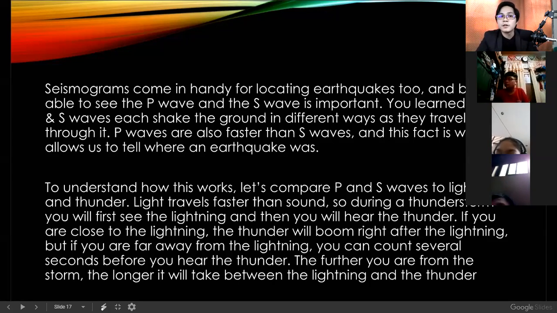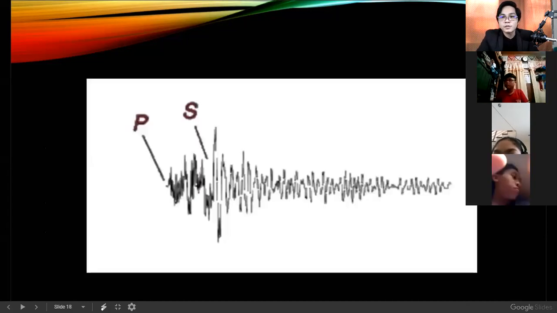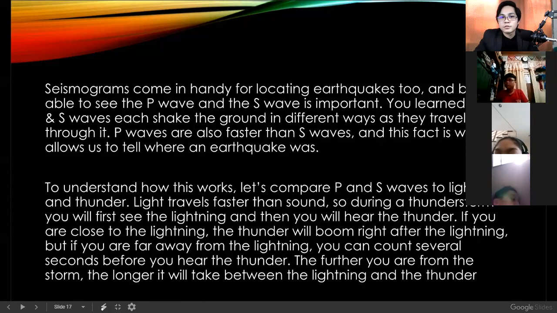If you're close to the lightning, the thunder will boom right after it. But if you're far away, you can count several seconds before you hear the thunder. The farther you are from the storm, the longer it takes between the lightning and the thunder to be observed.